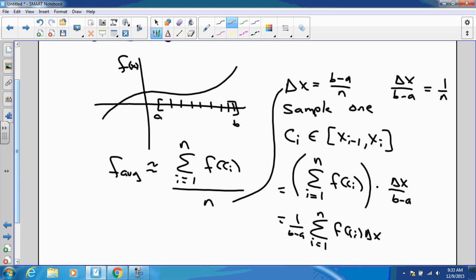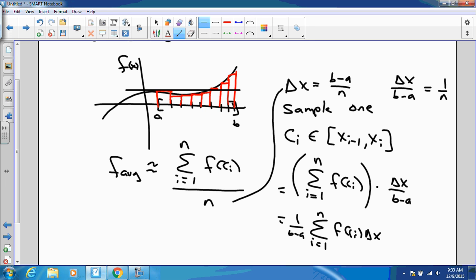What is this telling me? This is telling me that if I take a good old-fashioned Riemann sum, and I choose the c_i however I wish, by sampling in each interval, like so, then my Riemann sum, which computes the area here, divided by the width b minus a gives me an estimate of the average height.